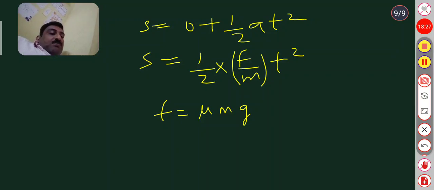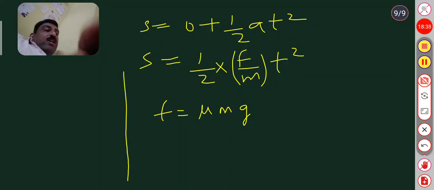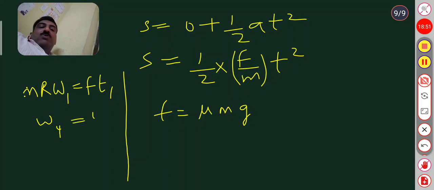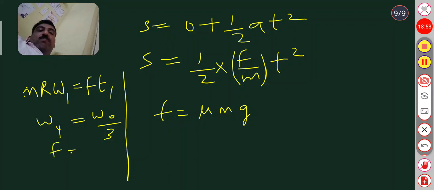And what is t, the time? How will you calculate time? Let us calculate here. m r omega 1 is equal to F into T1, and omega 1 is equal to omega 0 by 3, and F is equal to mu mg.